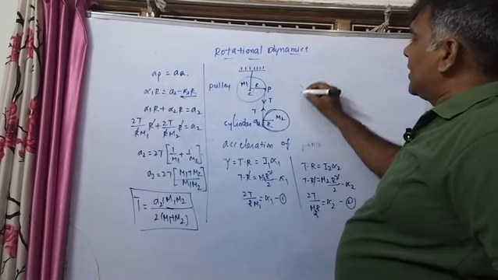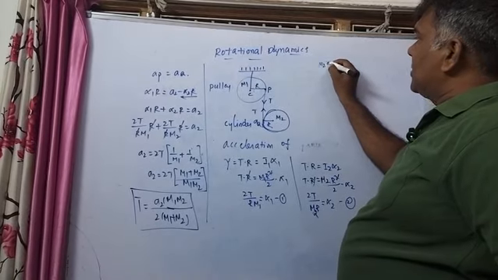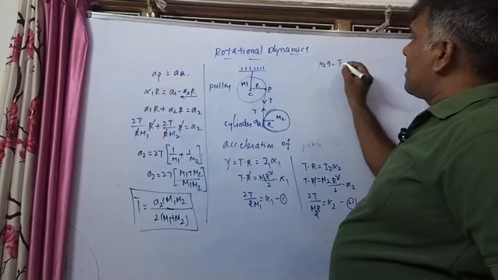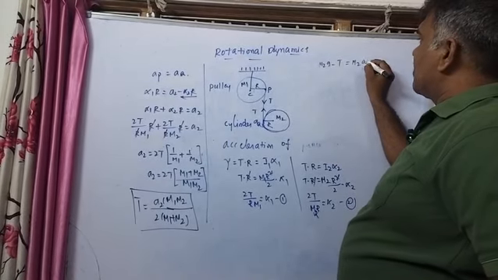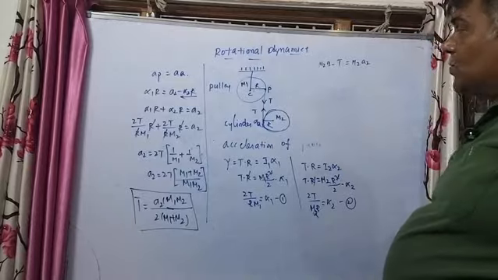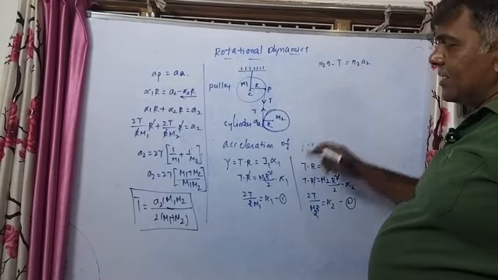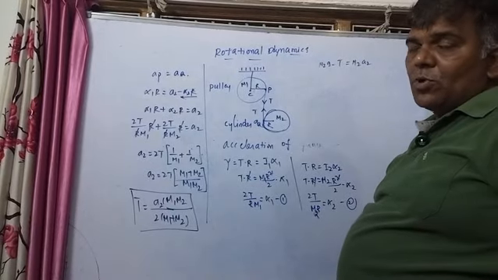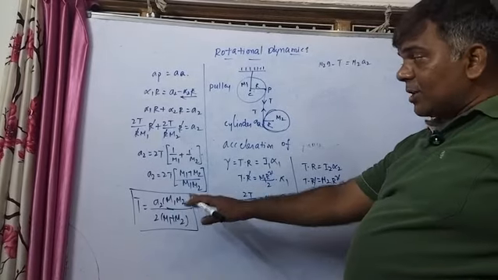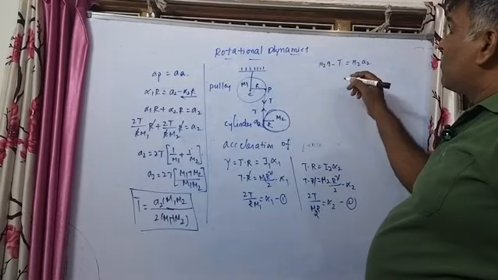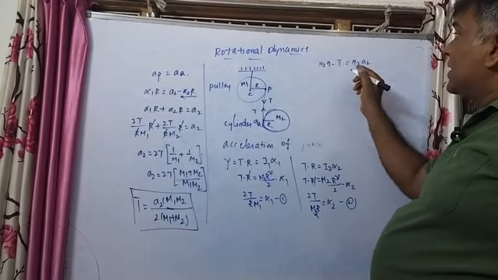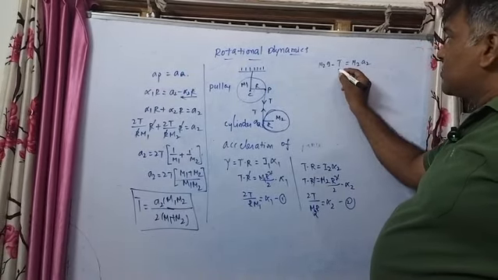About the cylinder, weight M2 into g is acting downwards and tension is acting upwards. As a result, it is moving in the downward direction. We are calculating A2, the acceleration, in terms of M1, M2 and g, not in terms of T. So finally, we substitute T.